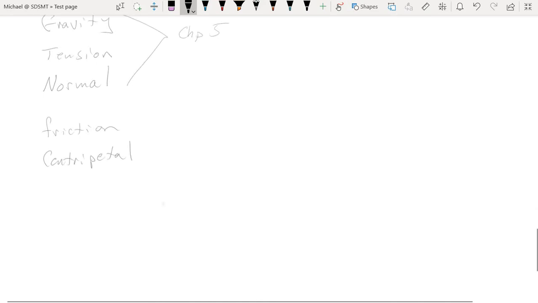centripetal forces. And so if you remember from our Chapter 4 discussion, centripetal referred to the center-seeking centripetal acceleration. Well, that's an acceleration, and if you have an acceleration, there has to be a force.